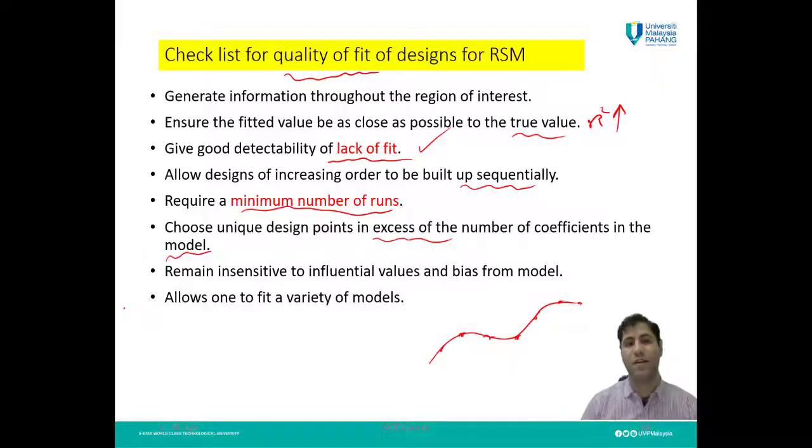Sometimes you have outliers, sometimes you have data which is too close to each other. For example, for temperature in a process, maybe 20 as one level is enough. The next level can be 25, maybe 21 degrees Celsius is not a required level to be included for this factor. So you need to check that as well.